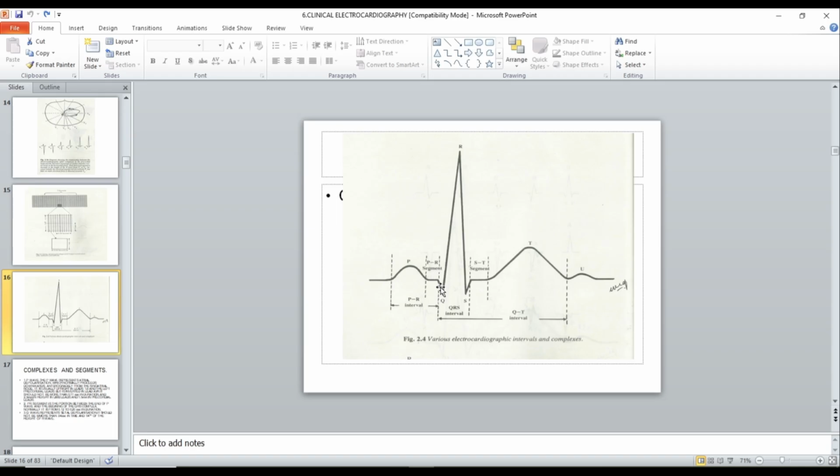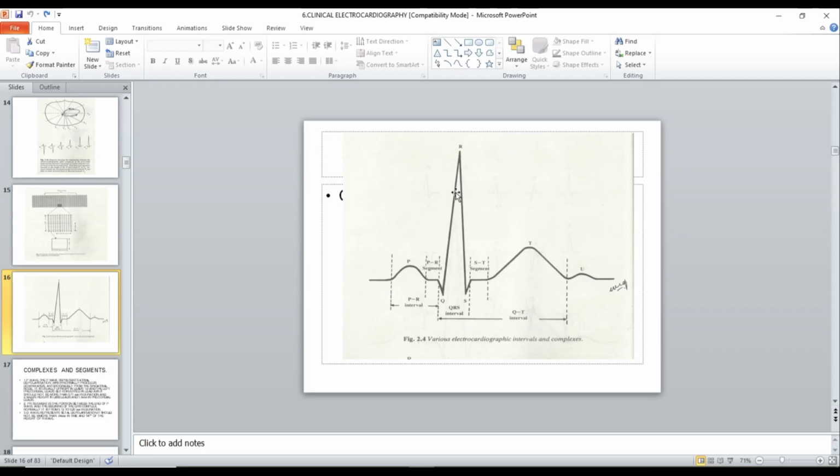Then the Q wave should not exceed 0.04 seconds in width, that is 1 millimeter, and its depth should not exceed 1/4 of the height of the R wave.